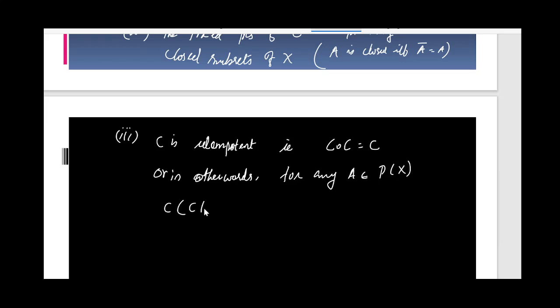The meaning is that C composition C is equal to C. In other words, for any A belongs to P(X), C(C(A)) is equal to C(A).